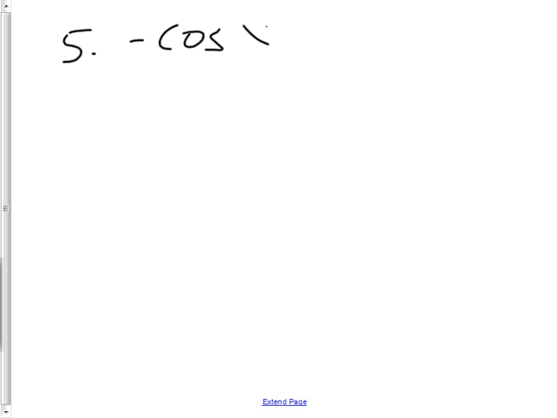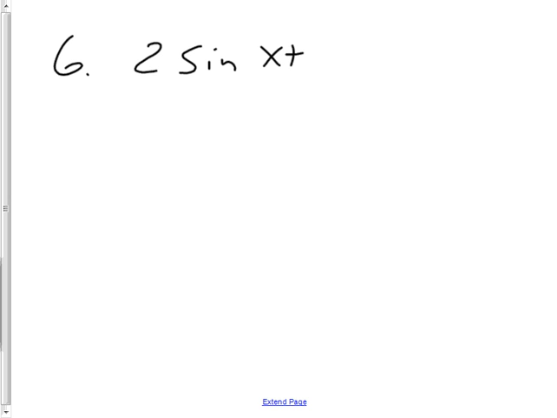Is that it? Oh, it's just too easy. Let's skip number 5. I mean, you guys can do it because it's so easy. I don't want to take away one of your easy ones. Let's move on to number 6, though. Read me number 6. Like that? All right. 2 sine of x plus 2.